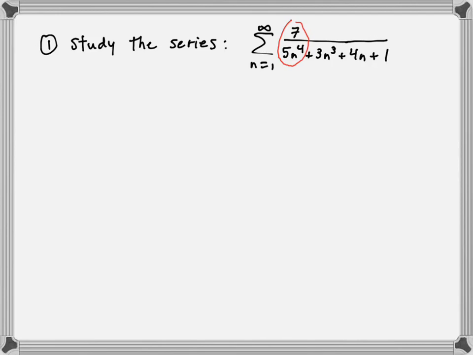So what I'm going to do is choose another series. If this whole thing we call an, then let bn be as follows: 7 over 5n to the 4th. So this is the series that I'm going to study.